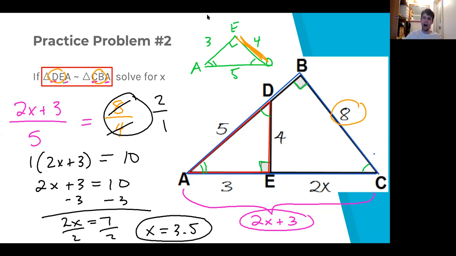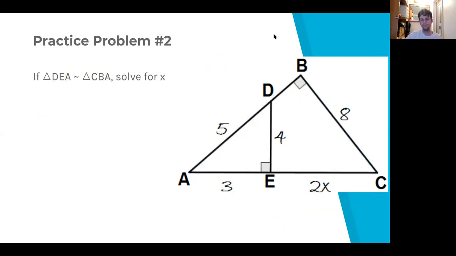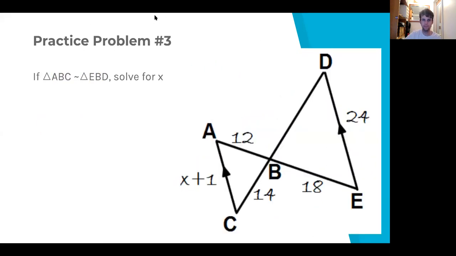Oh, last example here. So number 3. So in this case, we have these are 2 triangles that are created by some transversals. So we have our parallel lines here and here. Those are parallel. And then we have these transversals.